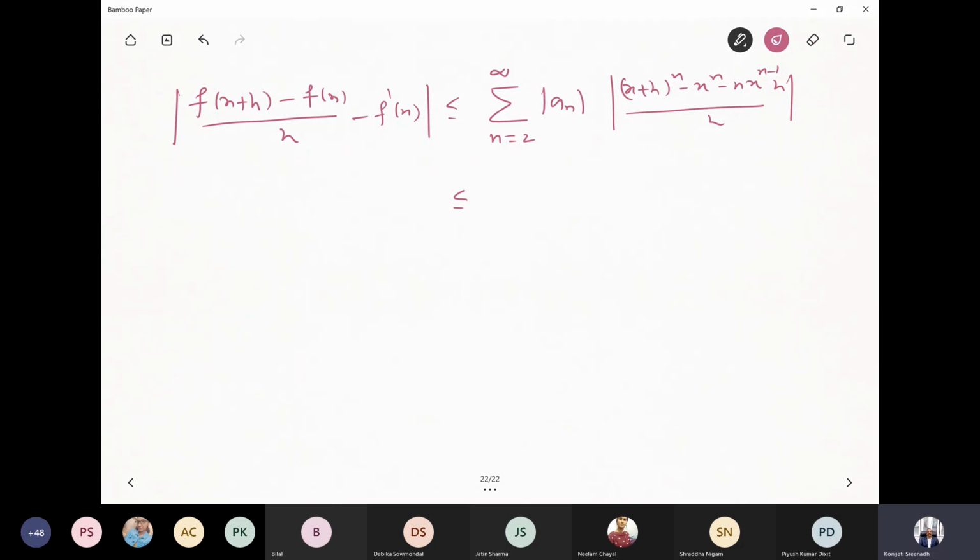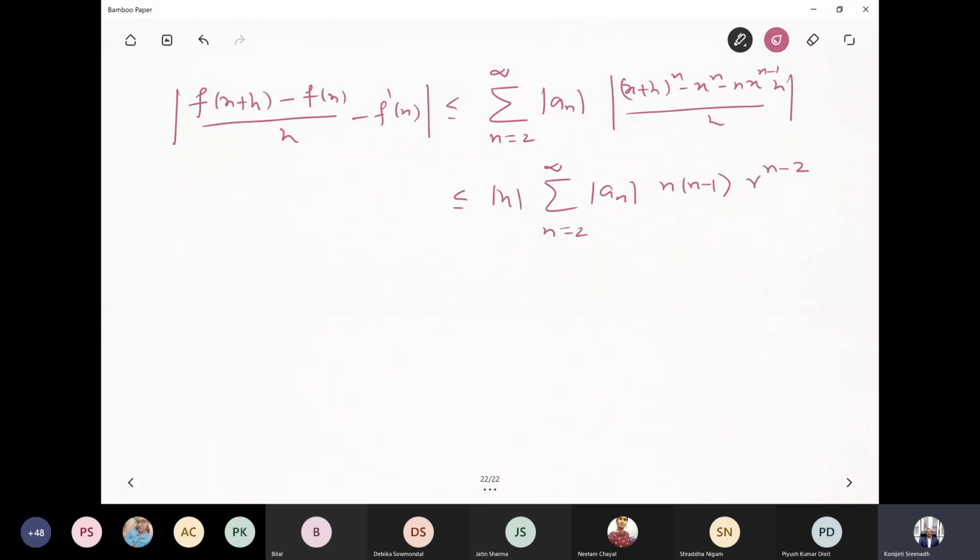We saw that this is going to be less than or equal to |h| times the series n equals 2 to infinity of |a_n| n(n-1) r^(n-2).